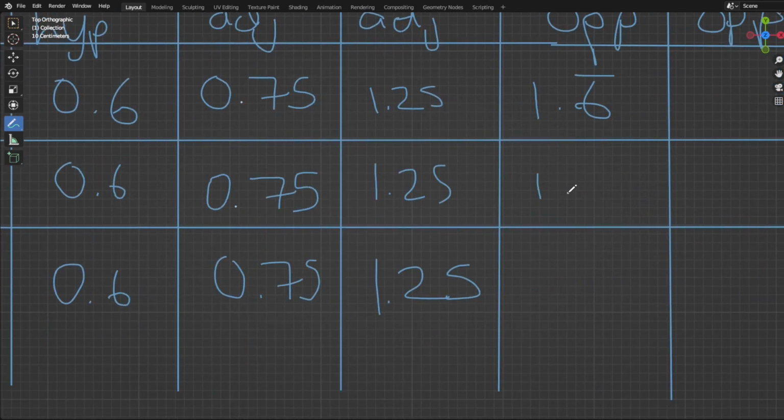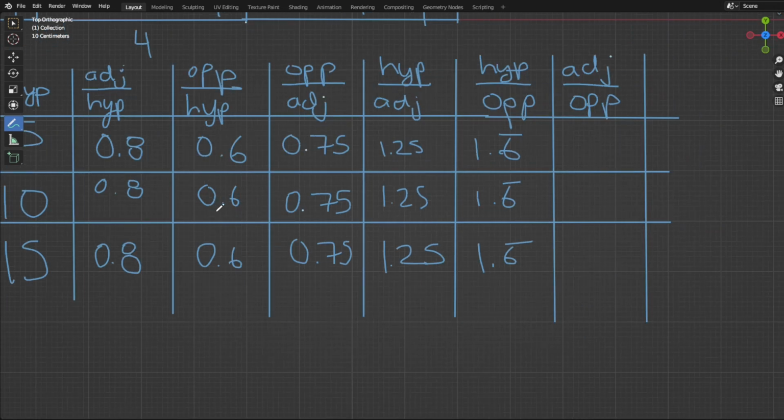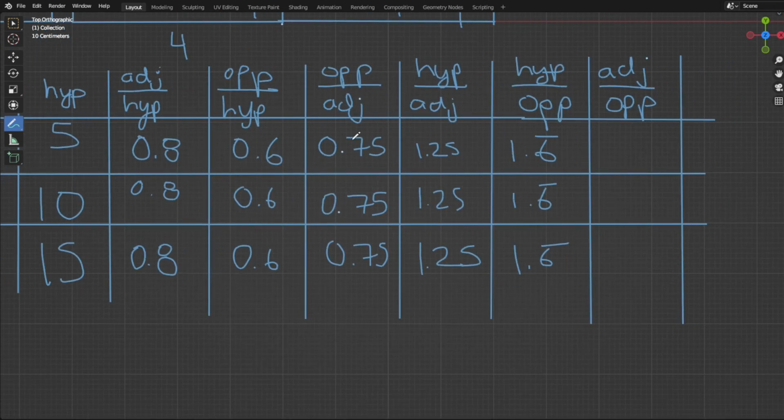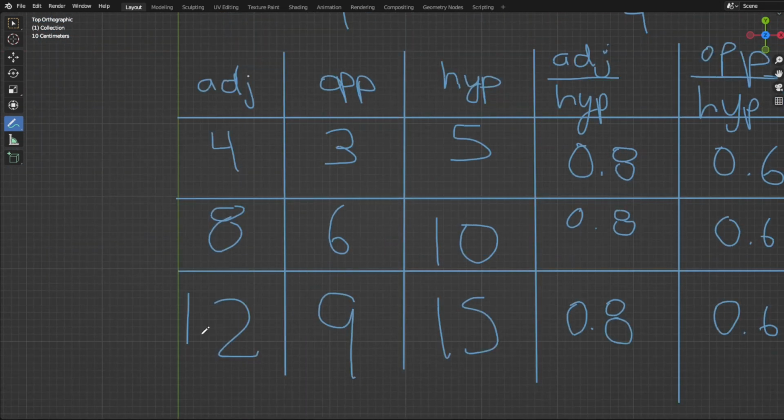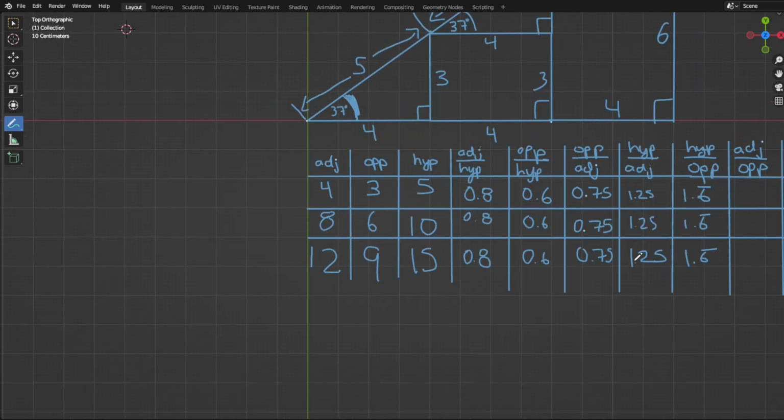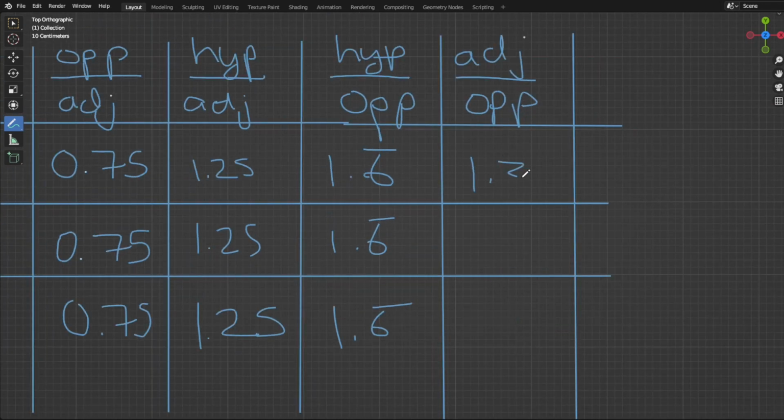Hopefully that's right. What about adjacent over opposite? That's these ones on the left over this row here. So 4 over 3 looks like 1.33 repeating. 8 over 6, these all look like 1.33 repeating, so I would plug that into a calculator just to double check.